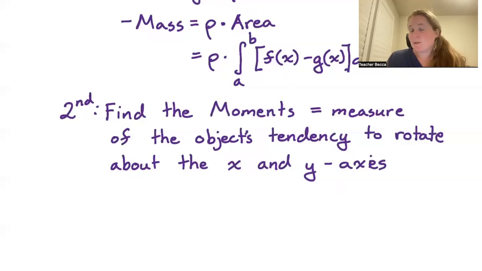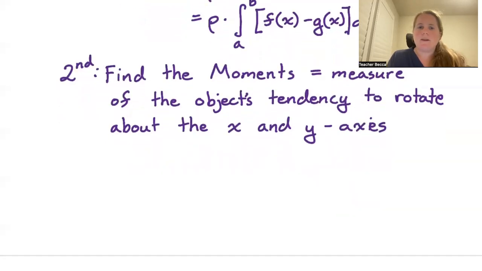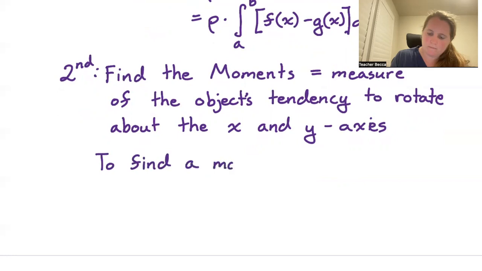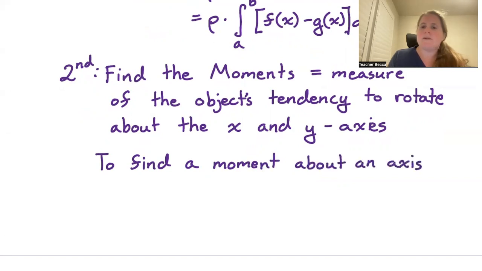And the way that moments are found is we add up. To find a moment about an axis, we essentially take each distance from the axis and multiply by the mass at that distance, and then add it all up.